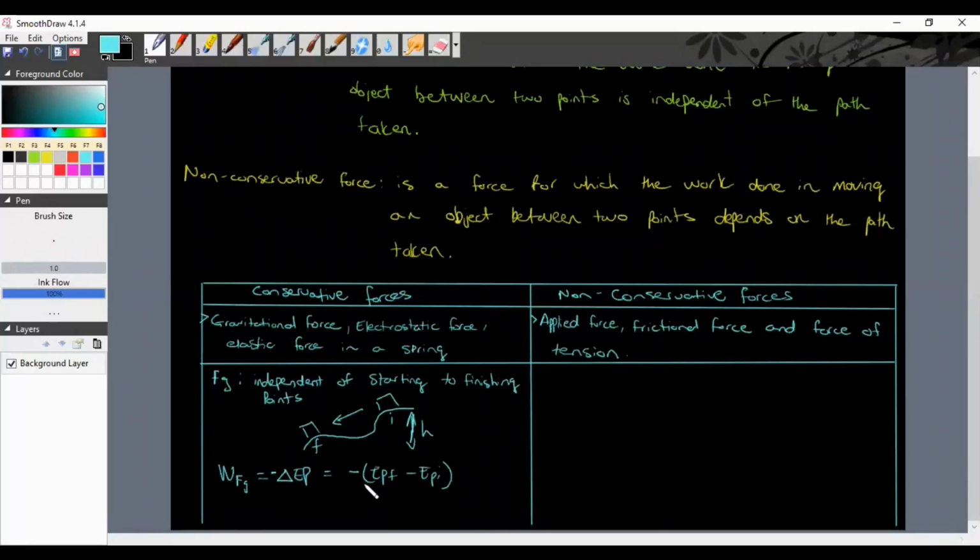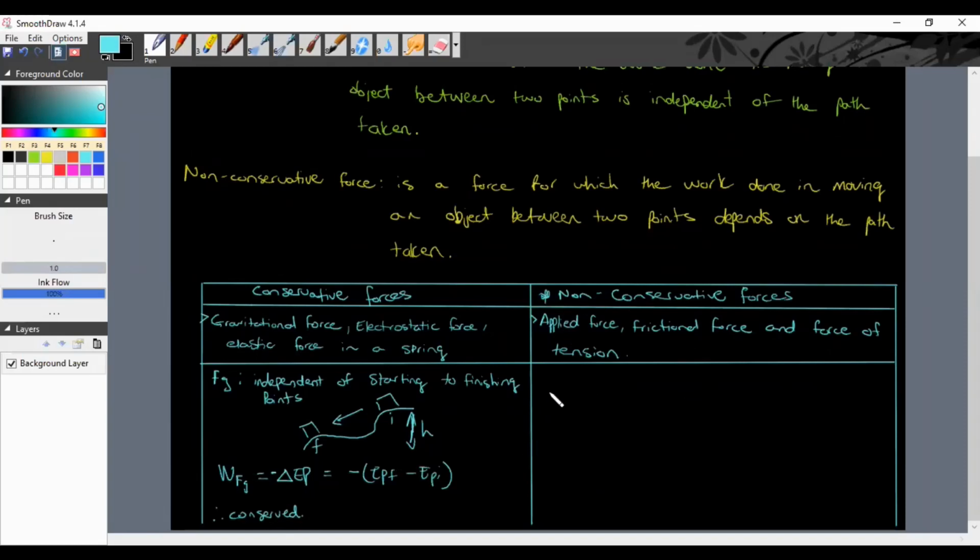A minus times a minus gives you a positive, which will give you EPI, the initial potential energy, minus the final, and therefore this is conserved. How many times would you get this in the exam? Almost never. This one is probably the most focused on, and I'll show you why.